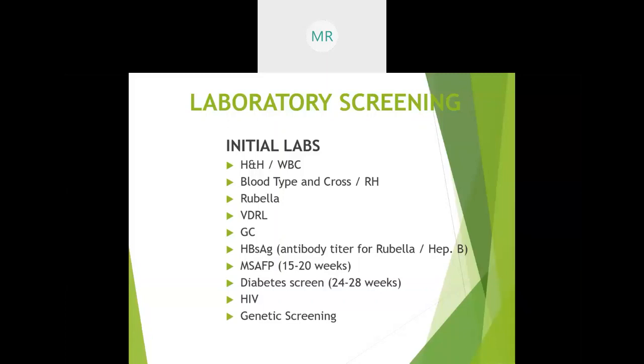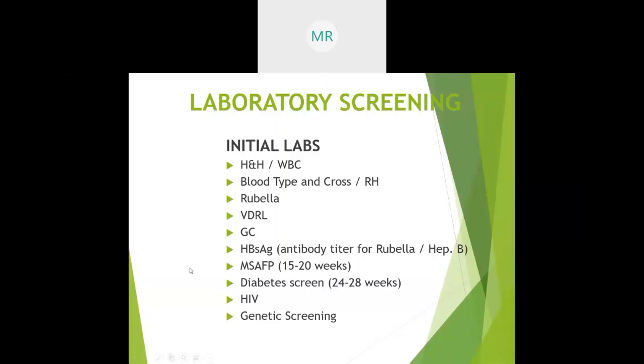The maternal serum alpha fetoprotein that's done between 15 and 20 weeks, again, the levels can help detect neural tube or abdominal defects, chromosomal abnormalities or anomalies, Down syndrome, which is trisomy 21. If the levels are off, okay, then they're going to do an amniocentesis and an ultrasound, and we're going to go through diagnostics in a minute here.